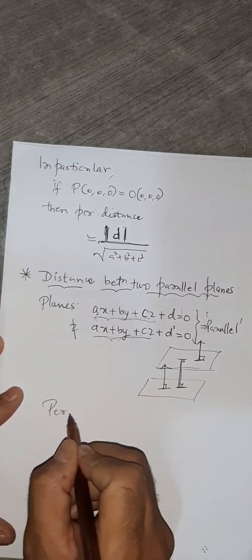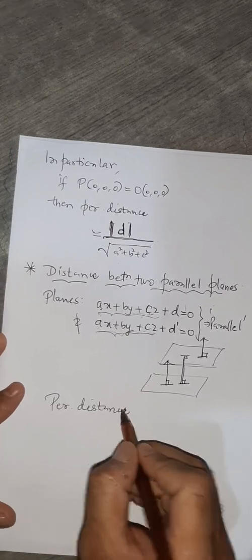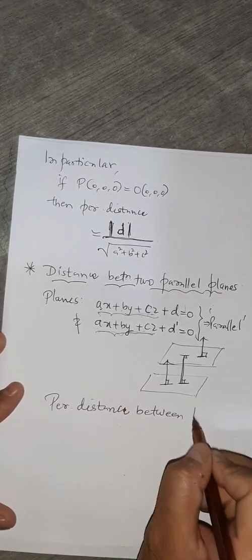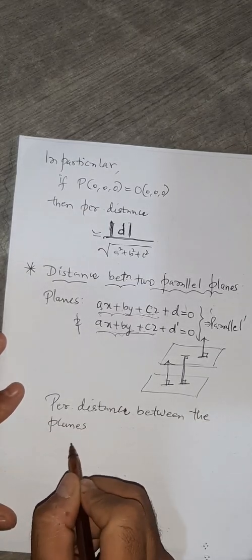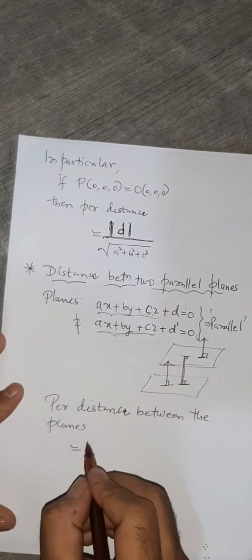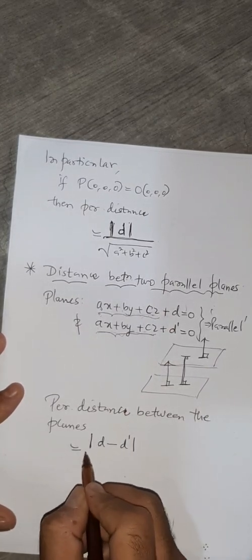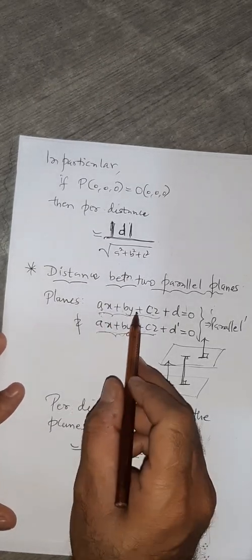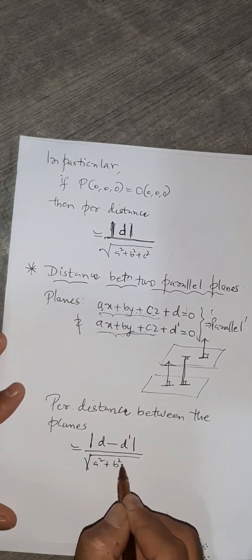So here distance means always perpendicular distance between the planes, that is equal to the difference of these two constants, that is modulus of d minus d dash upon root of the coefficients of x, y and z, a square plus b square plus c square.